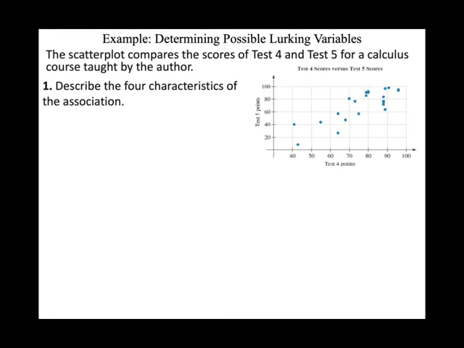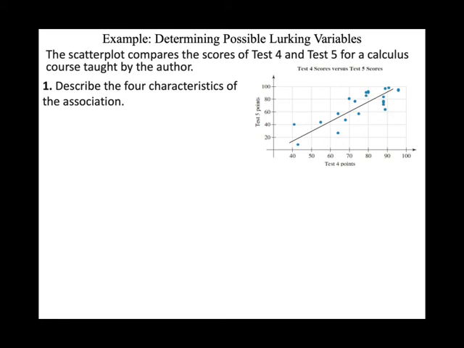Okay, the scatterplot compares the scores of test 4 and test 5 for a calculus course taught by the author. Describe the four characteristics of the association. So first, let's draw the straight line here, and then look at the picture.